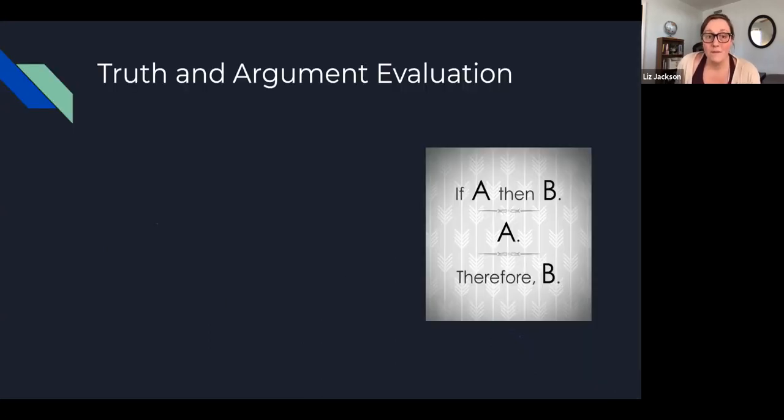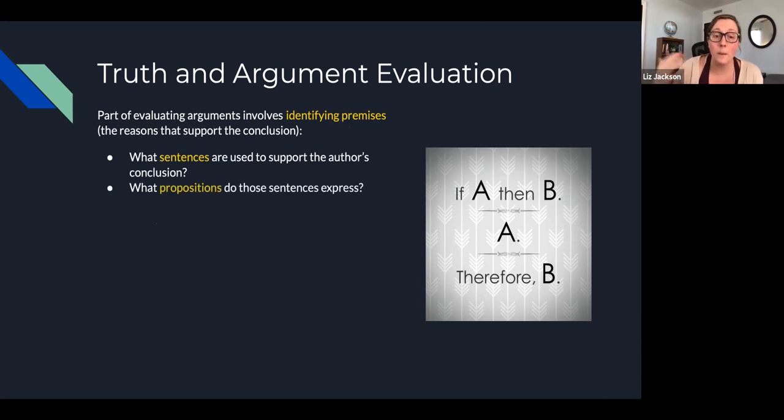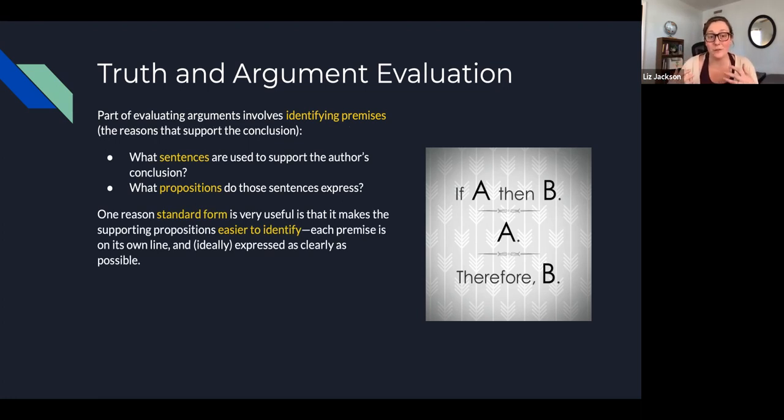So when we evaluate an argument, we're going to identify the premises of that argument, the reasons that support the conclusion. And we're going to do that by asking, what are the sentences that are used to support the author's conclusion? And then what propositions do those sentences express? I think this is one reason that standard form is very useful in evaluating arguments, because it makes the propositions that support the conclusion easier to identify.